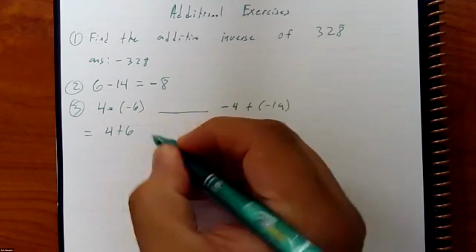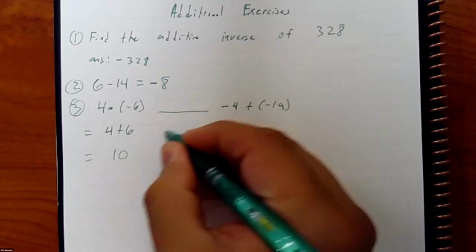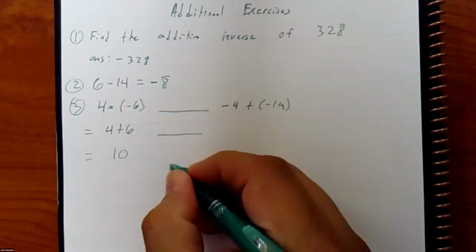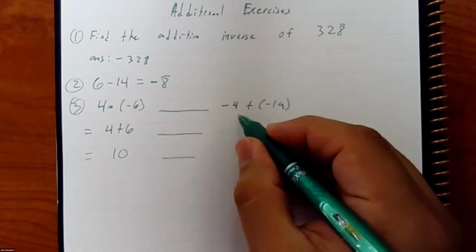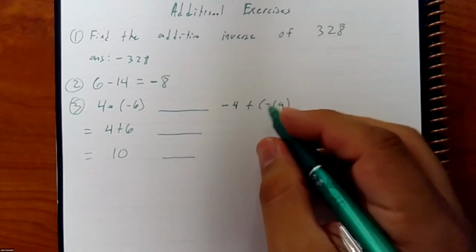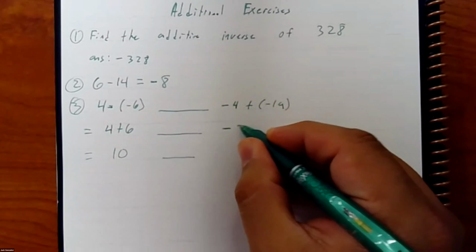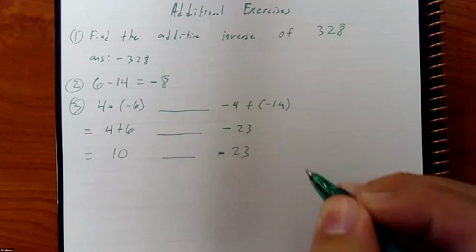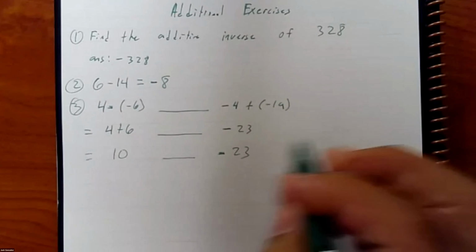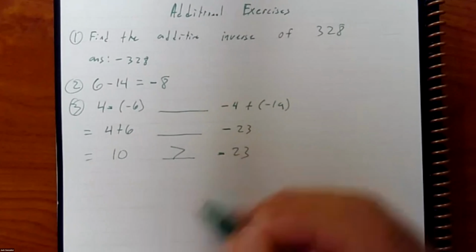Yeah, positive. And over here, what do we get? Becomes more negative, right? Negative. Oh, sorry. So which one's bigger? The left side, is that right? Yeah.